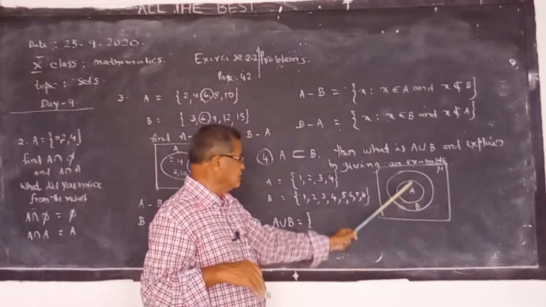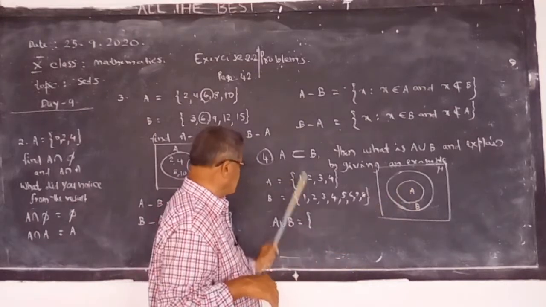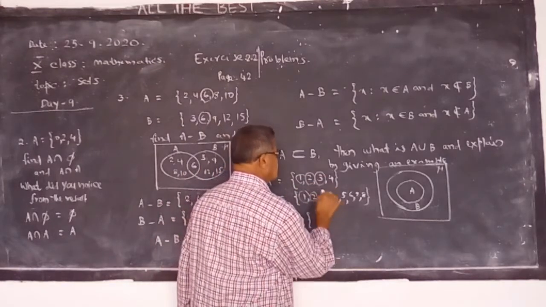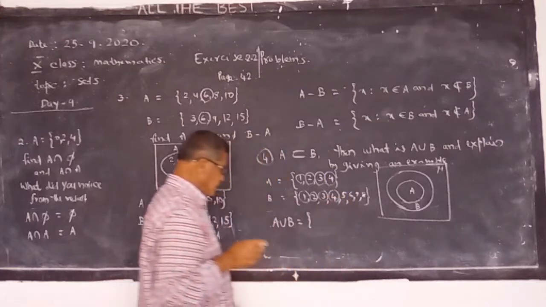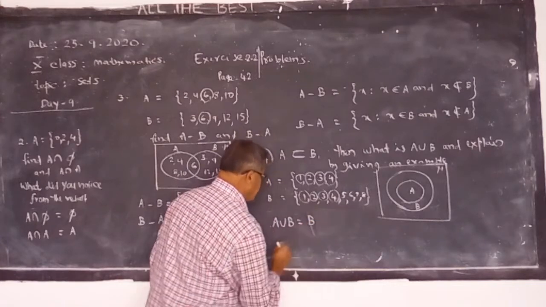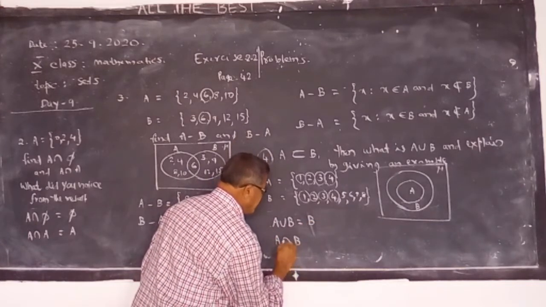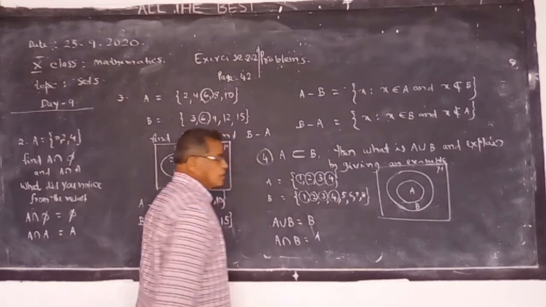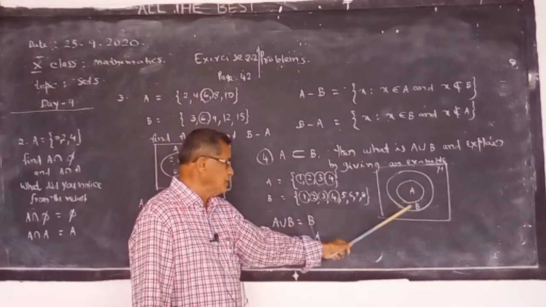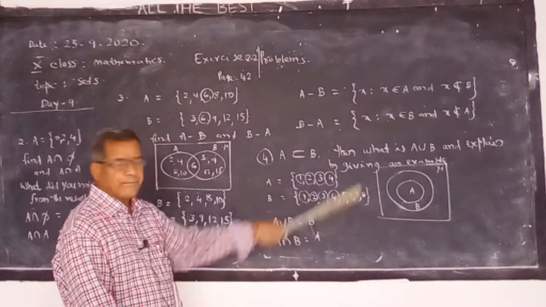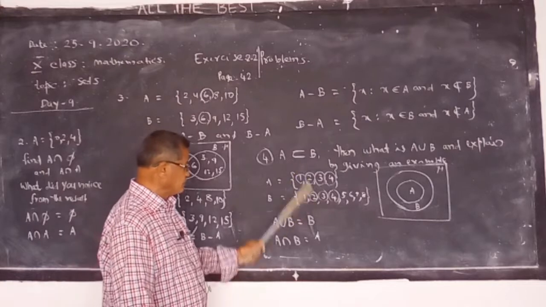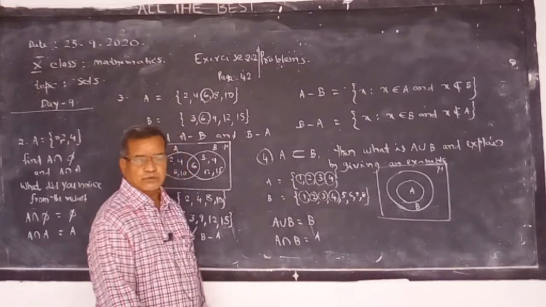Here in intersection, the common elements are 1, 2, 3, 4. So A union B is B only, whereas A intersection B means A, the common elements in set A and also in B. So we write A. This is the easy way. I explained this taking these elements also.